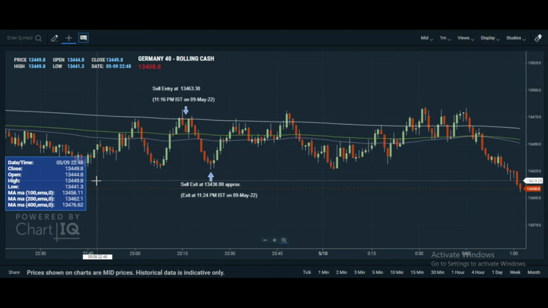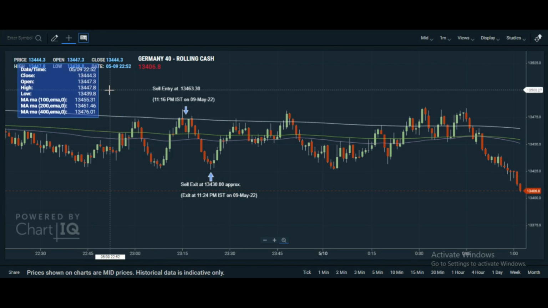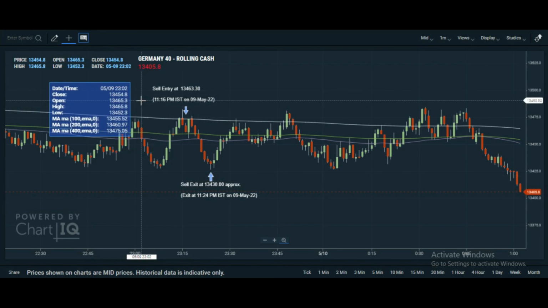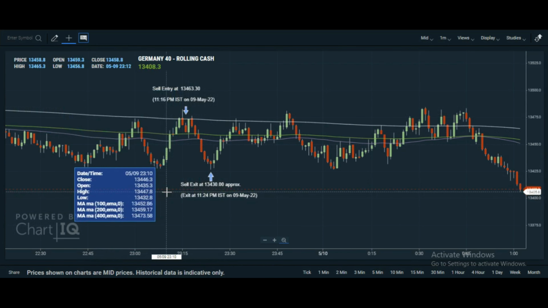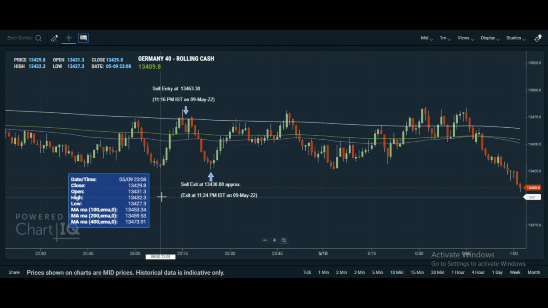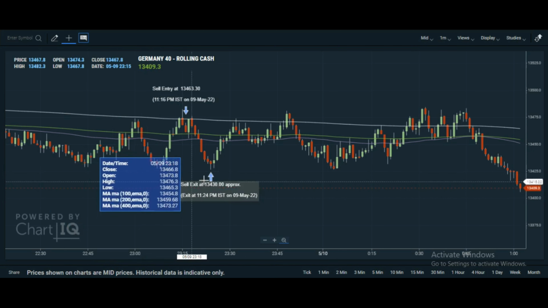I took a 20 point stop loss in mind with a target of around 30 points. So my stop loss was 13,483, which was not hit. I was lucky in that also. And talking about the target, it was around 13,430, which was equal to the previous lows.